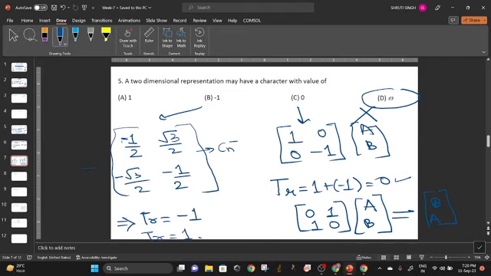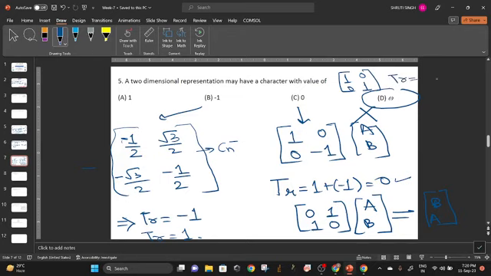Okay. So for two-dimensional, you can check in the character table or something. You can find other examples where the trace is 1. And suppose the trace can be 2 as well. Suppose we have identity for two-dimensional.